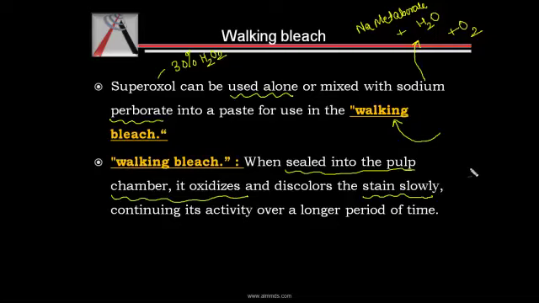So it can be left inside the pulp chamber, and patient can go home with the bleach inside the pulp chamber, and this bleach is effective for a longer period of time, slowly bleaching the tooth. Hence it is called as the walking bleach. Now there are a lot many MCQs on walking bleach, including its composition, including its use, etc.